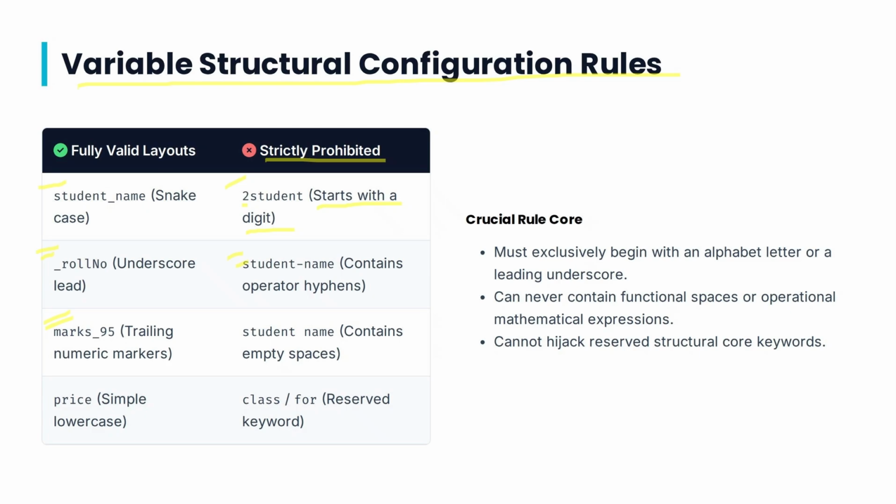A trailing underscore and trailing numeric markers or digits are allowed, but this is again illegal: student whitespace name. When we put empty spaces, Python doesn't treat this as a whole variable, so it becomes illegal. Simple lowercase price is accepted and legal. Class, for, and similar words cannot be written.